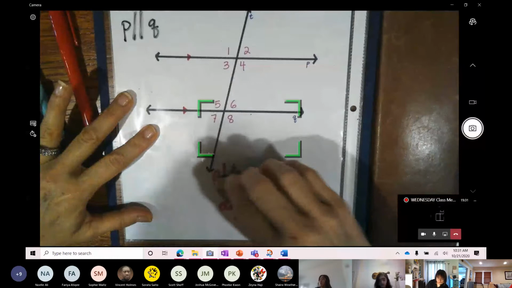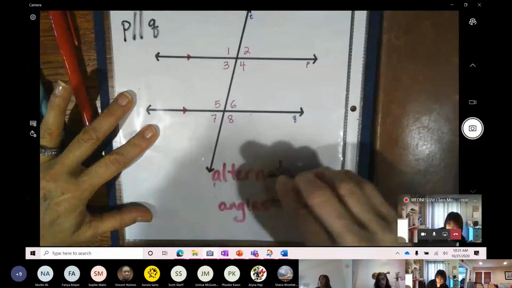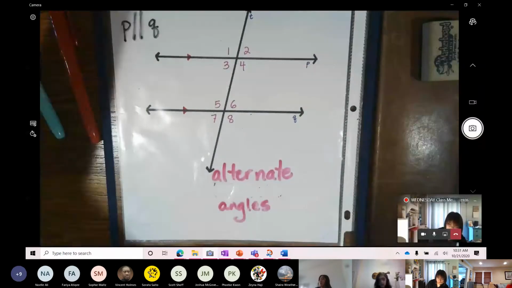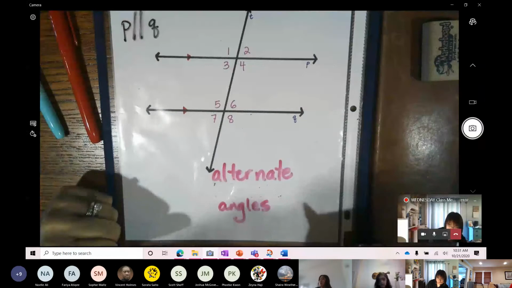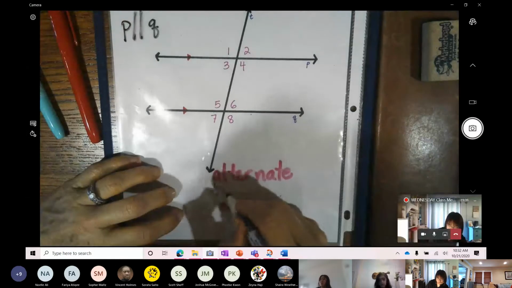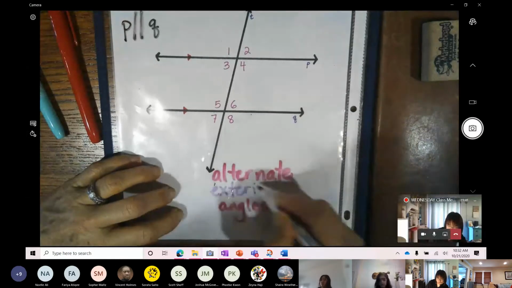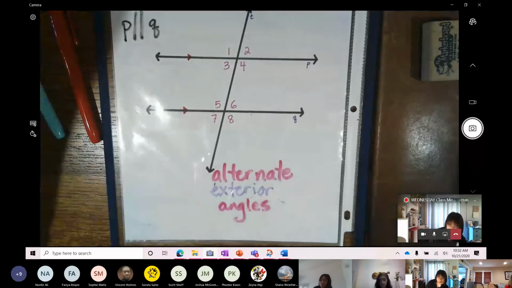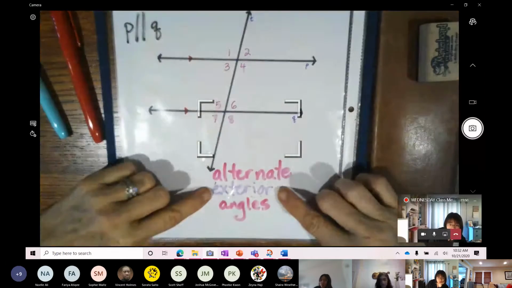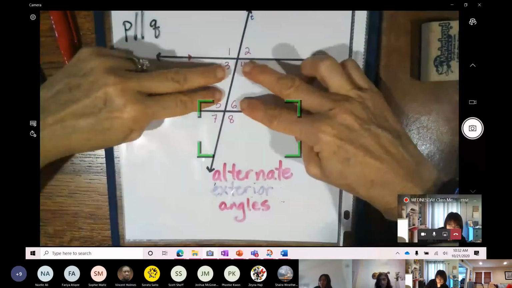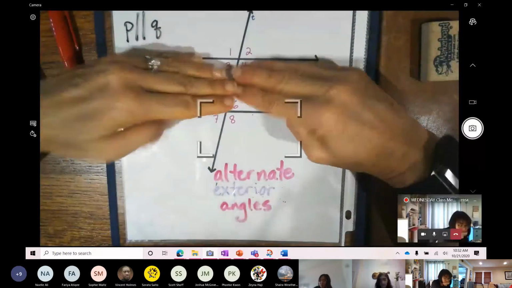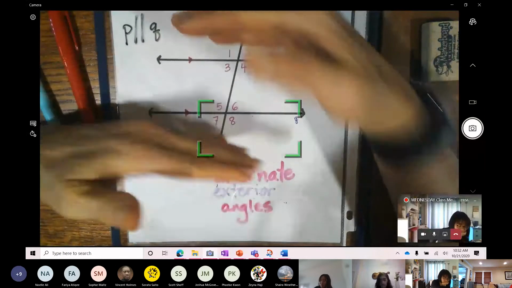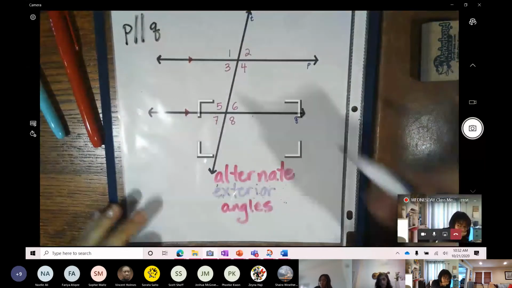Should just go ahead like this. We also have exterior angles. Okay, so alternate again means opposite sides of the transversal, but exterior means outside of those two lines, so above or below the two lines. Alternate exterior.